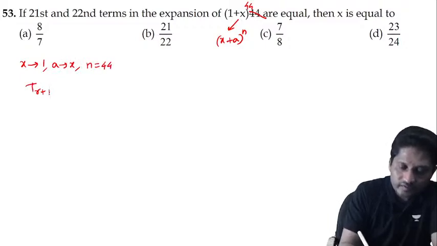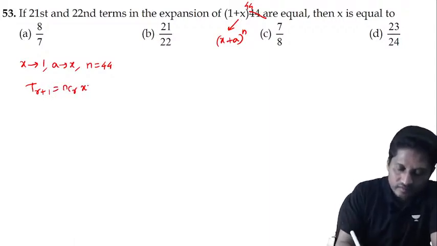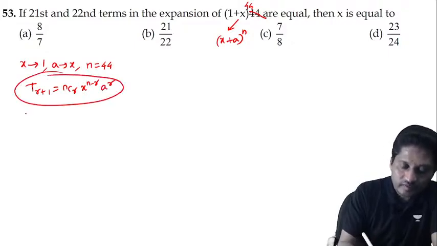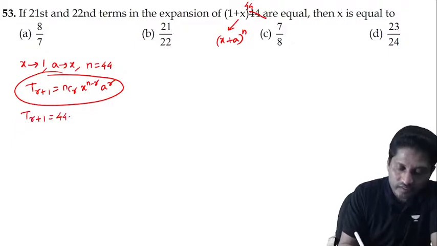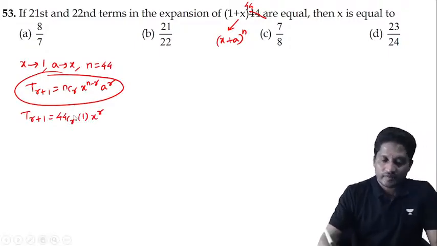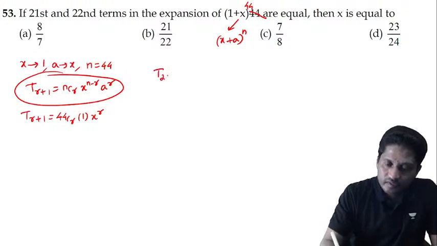T(r plus 1) is equal to nCr x to the power of n minus r into a power r. This is T(r plus 1). Now T(r plus 1) is equal to 44Cr. Anyways, x is 1. A power r, that is x power r. 21st term and 22nd term are equal. 21st term is T(20 plus 1). 22nd term is T(21 plus 1).